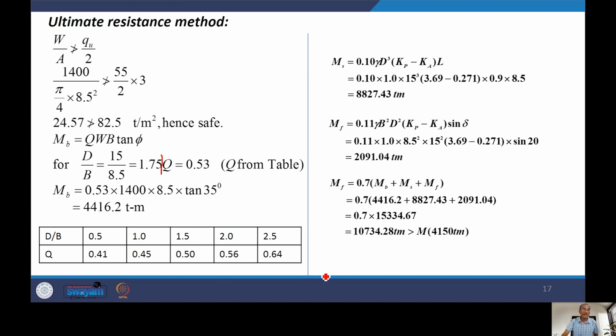And once you put the numbers here, 1400, 8.5, and 35, so you got 4,416.2 ton meter. So that is for the case when you have applied this correction.